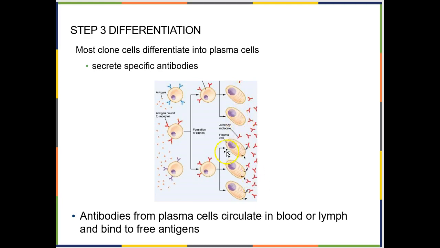Each plasma cell can decide which constant region it wants to stick onto this antibody. So all of these antibodies are going to recognize the same antigen, but they might have different constant regions so they can do different things, or because they're made in different parts of the body, like the saliva versus the bloodstream. So a lot of your clone develops into plasma cells.